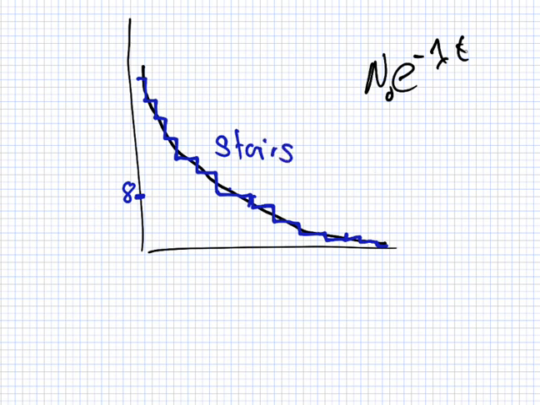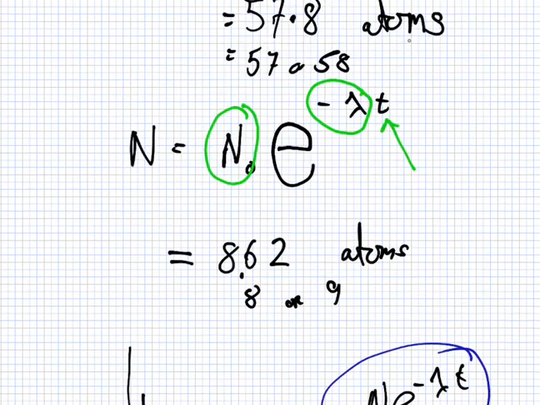But that's a very small price to pay for having such a nice, neat formula. So just remember, the answer is not exactly 8.62. It's about 8, it's about 9. Like I said, it's a small price to pay for having such a nice, neat, smooth, simple formula.